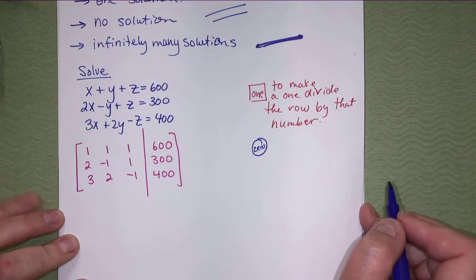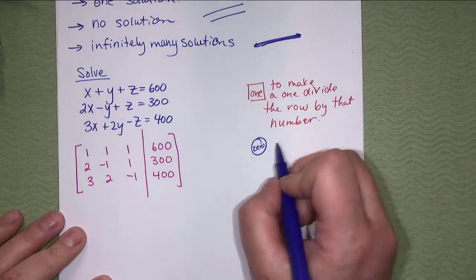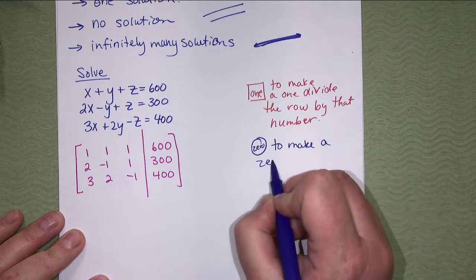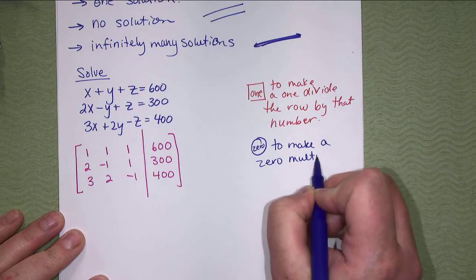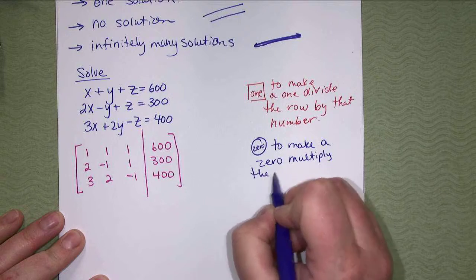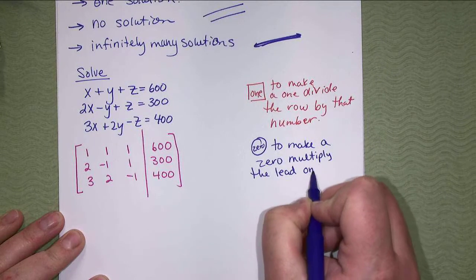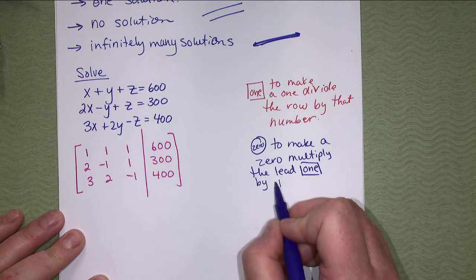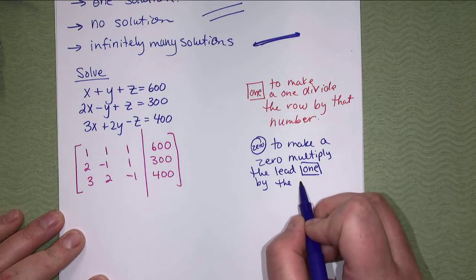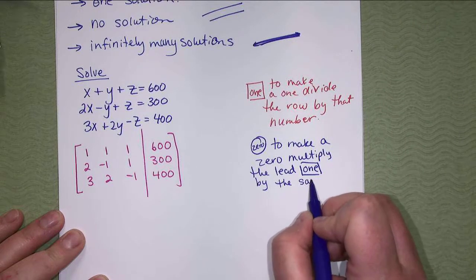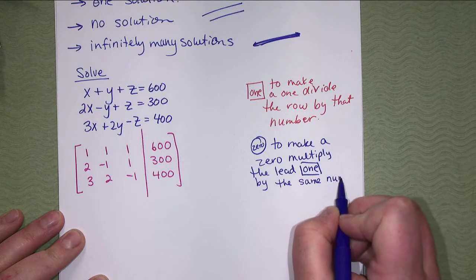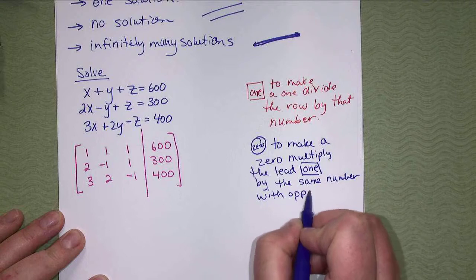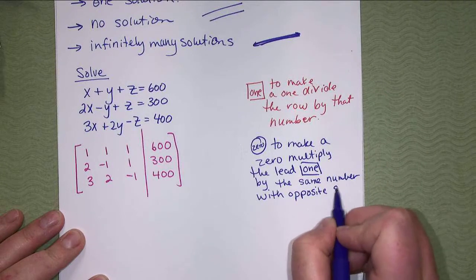And to make a 0, multiply the lead 1, the one that you put in the square, by the same number with the opposite sign. And add the two rows together.